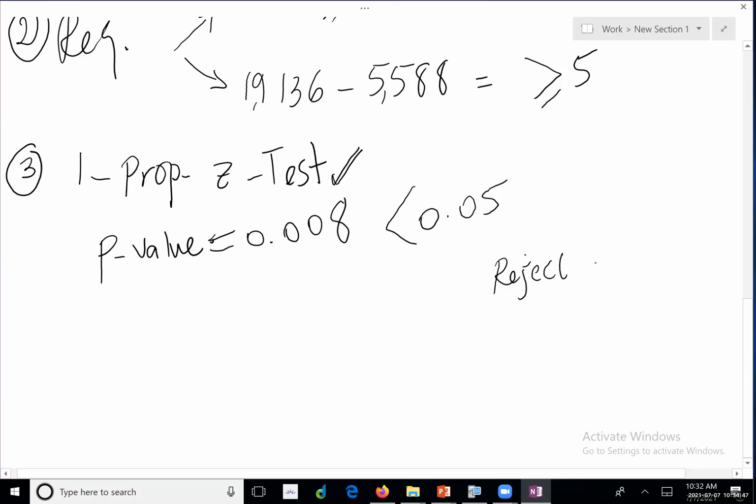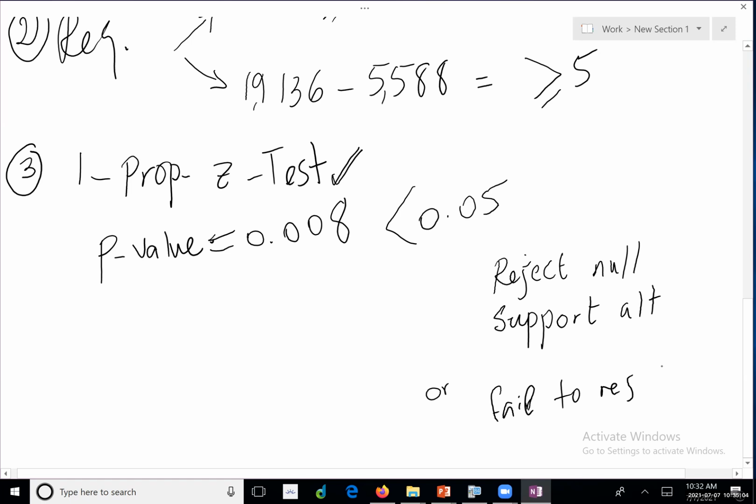Reject null, support alt, these are hand in hand. Or fail to reject the null and do not support alt.